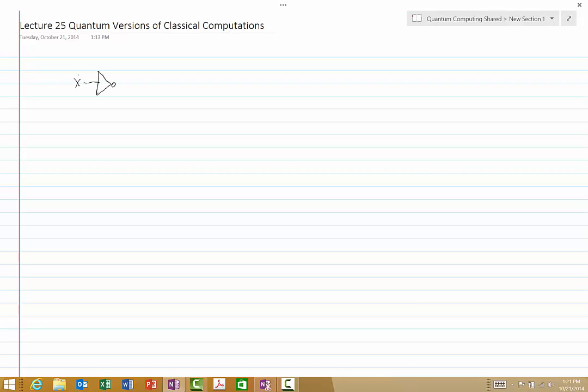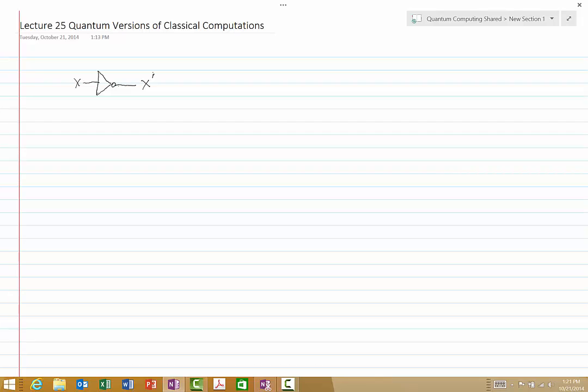If we input Boolean variable x into this inverter, then we will, of course, get the complement of x, which I'll denote by x prime.